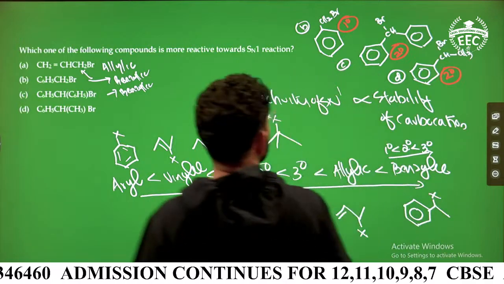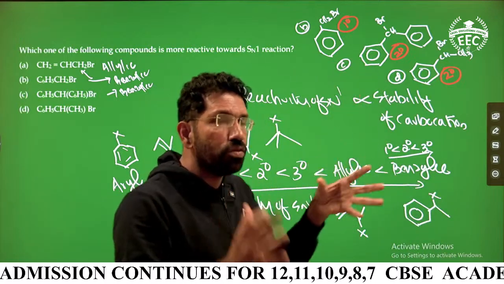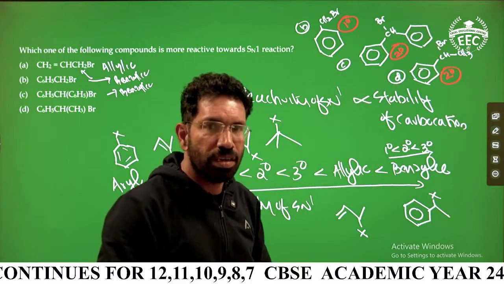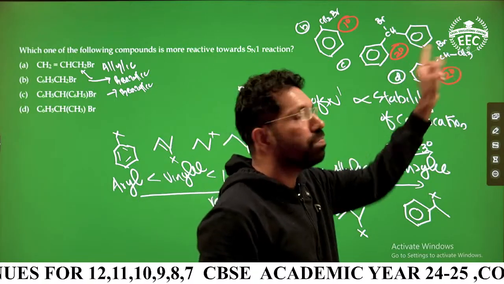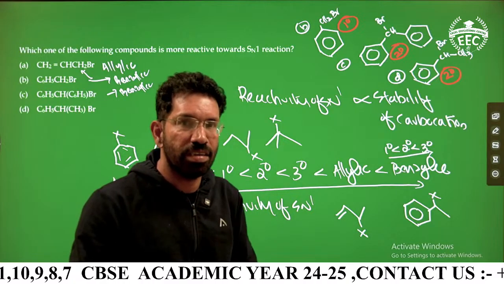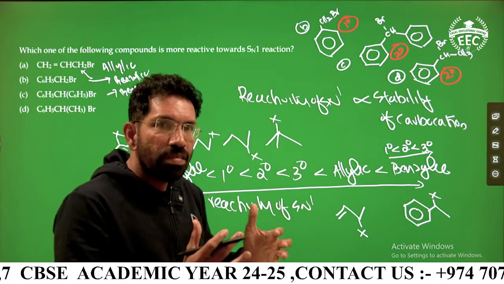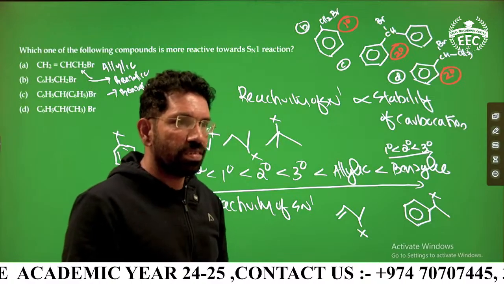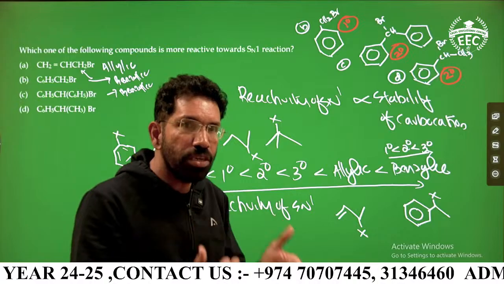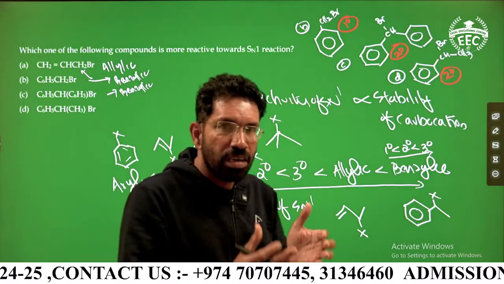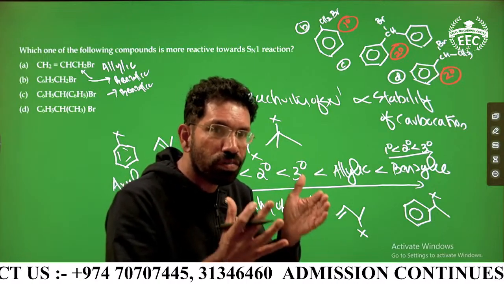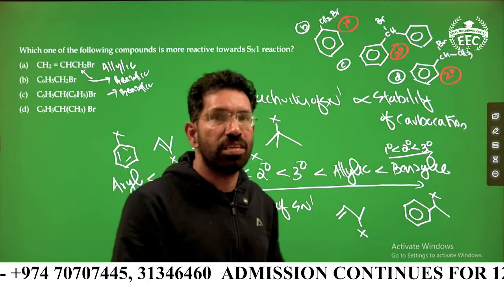C. Here we have a confusion between these two secondary halides. This is secondary, this is also secondary. Here you have two benzene rings, here you have methyl. One important short point regarding benzyl halides: when the number of benzene rings increases, the number of resonating structures also increases.